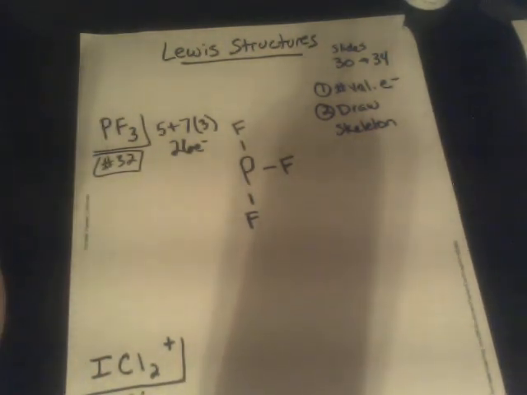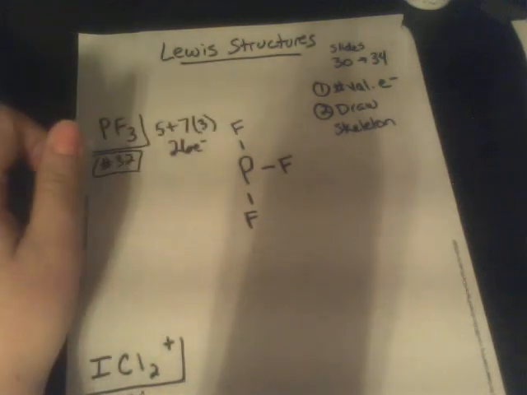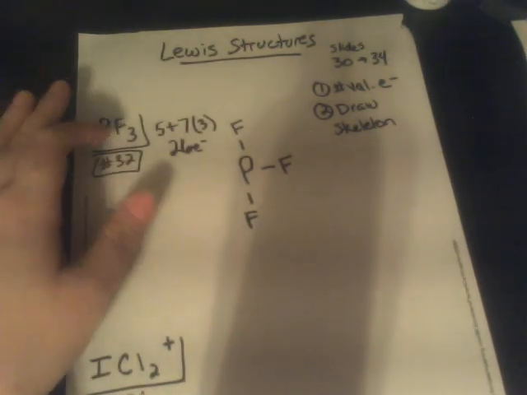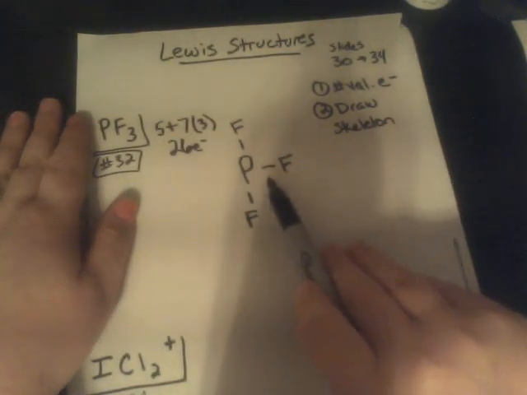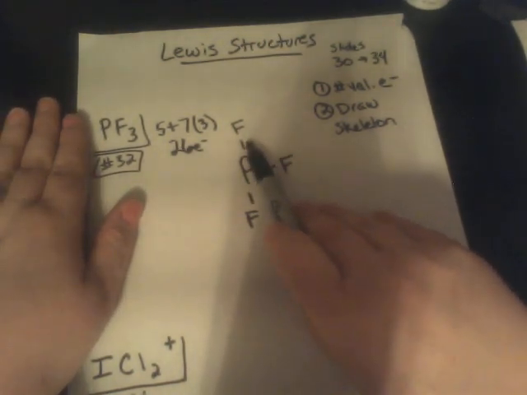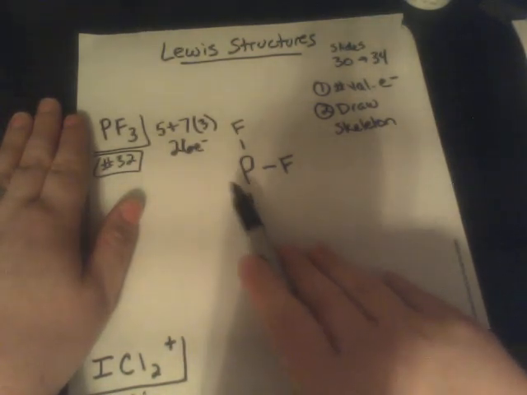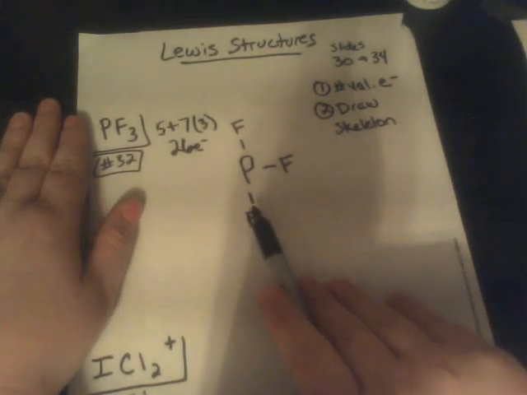So you're showing its connectivity, and you show it with a single bond connected. As of this moment, how many electrons have I represented in this structure? 2, 4, 6. I've only represented 6. I need to represent a total of 26. So we're not even nearly there yet.